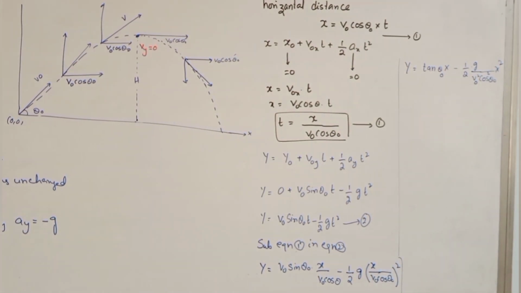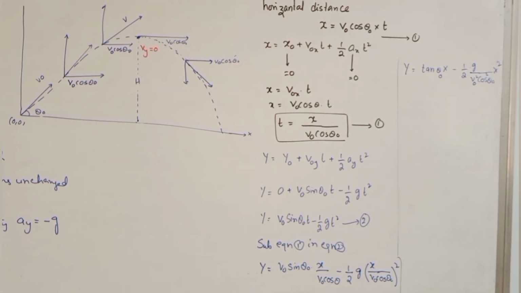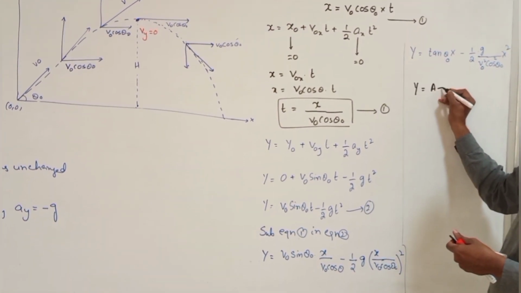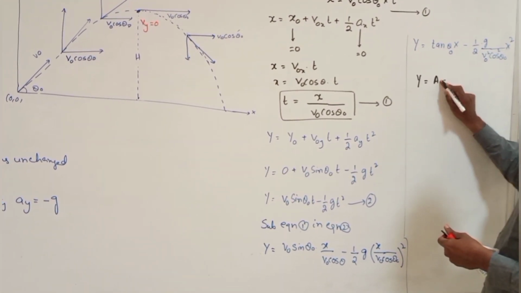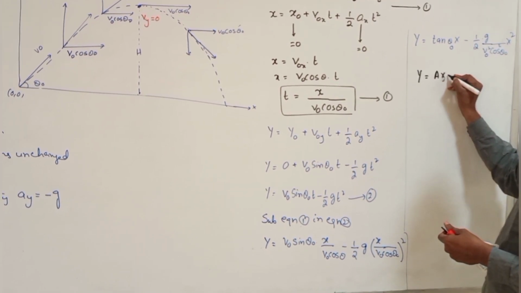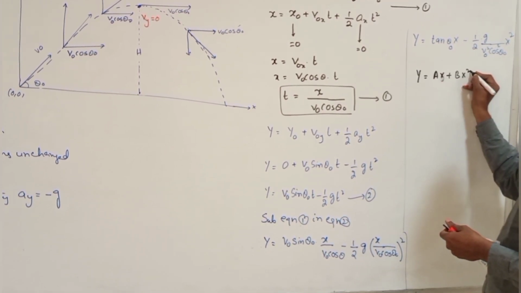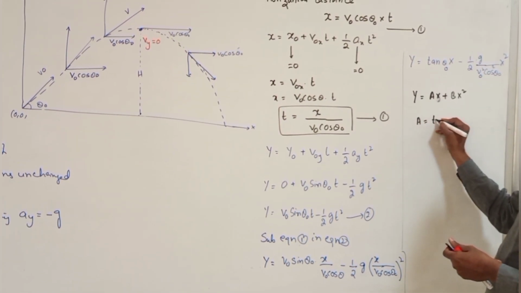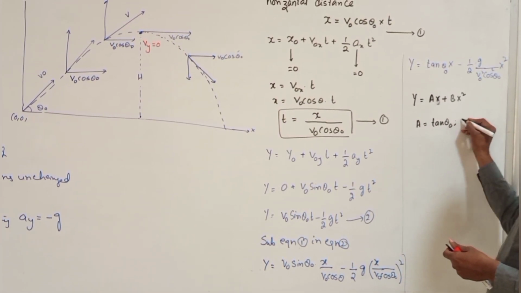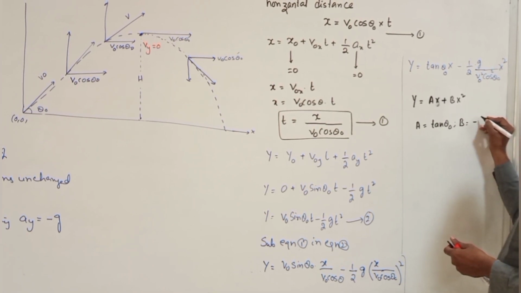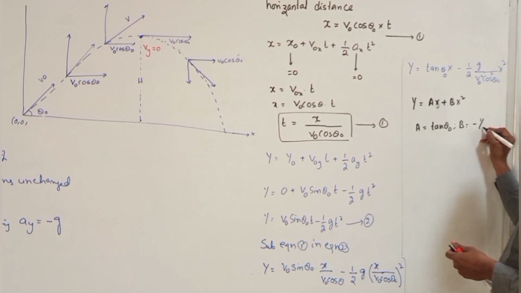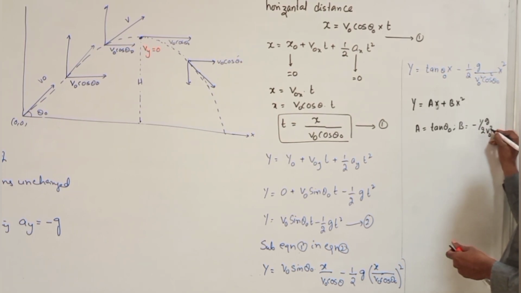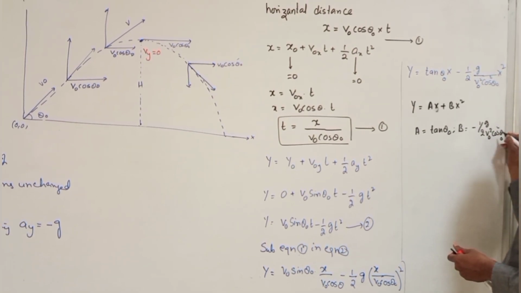What is the form in general? If you write it as y is equal to ax plus bx square, then what happens? a is equal to tan theta naught and b is equal to minus g by 2 V naught square cos square theta naught.